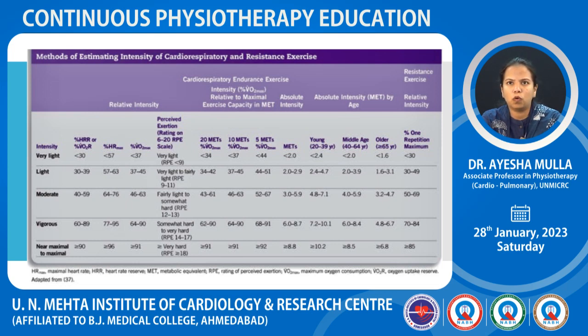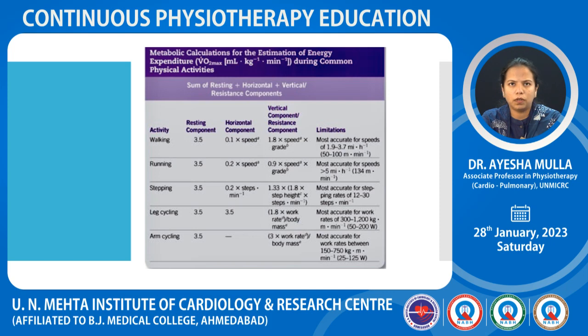Same way for 40 to 64 years of age, it is less than 2.0, then 3.9, 5.9 and 8.4 for light to vigorous activity, and for more than 65 years of age, the MET values are lower than the previously mentioned values, that is less than 1.6, up to 3.1, 4.7 and 6.7. So here we can say that as the age increases, the MET values decrease for the intensity of exercise.